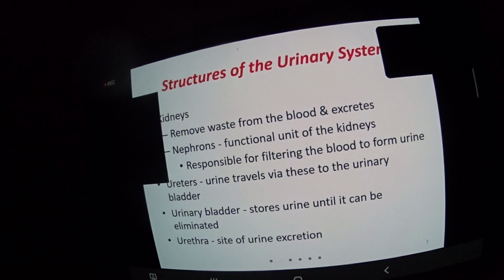In addition, urine itself is acidic and has some salts in it, so it provides a hostile environment for many microbes. And the flushing action of excreting the urine can also clear the urethra.